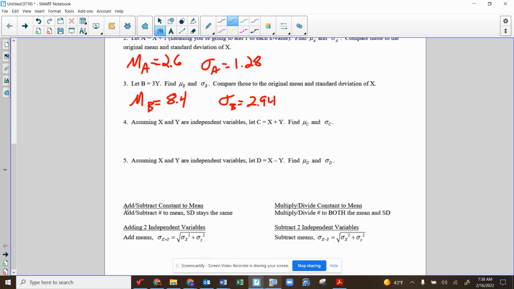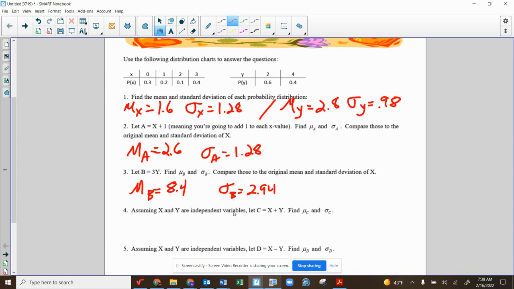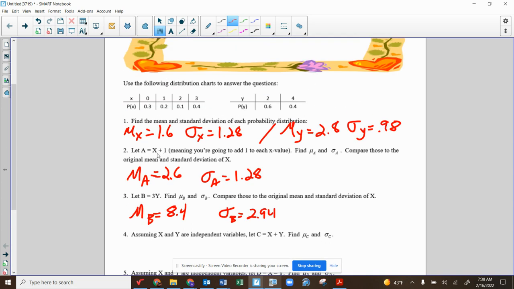If you're adding or subtracting a constant, you change the mean by that number, but the standard deviation stays the same. If you're multiplying or dividing, however, you change both the mean and the standard deviation by multiplying or dividing by that number. If I had changed this one to x minus 5, I would have subtracted 5 from the mean, and the standard deviation would have stayed the same. If I took this one and divided by 2, I would have divided this number by 2 and this number by 2. So that's the difference between the two.